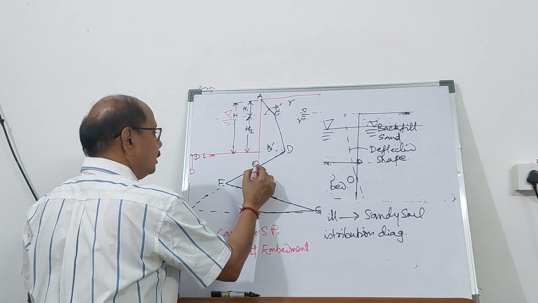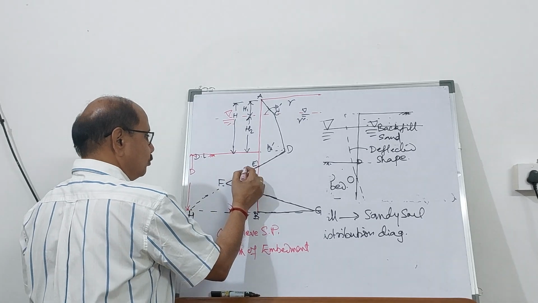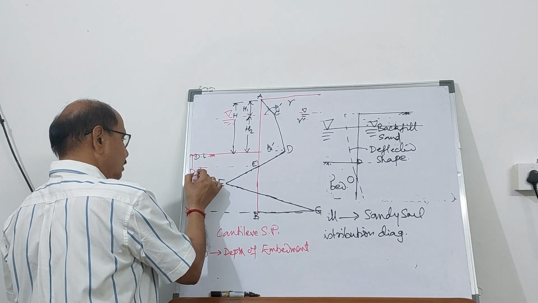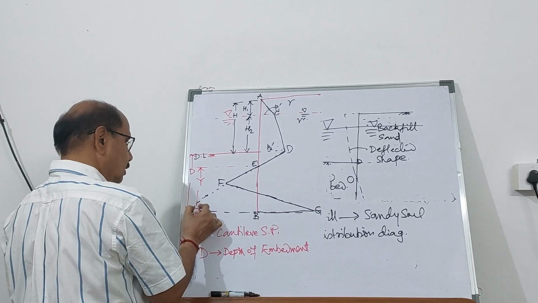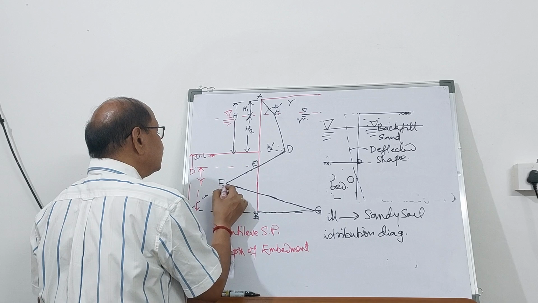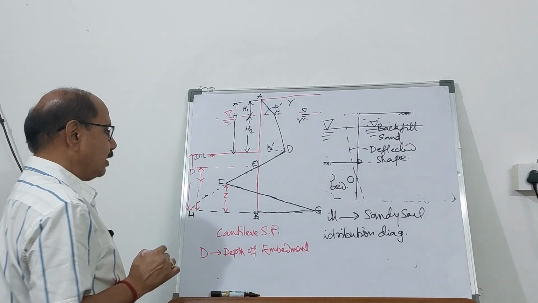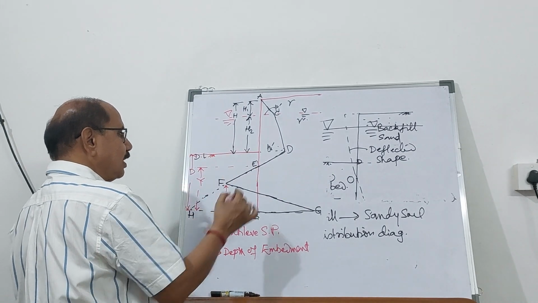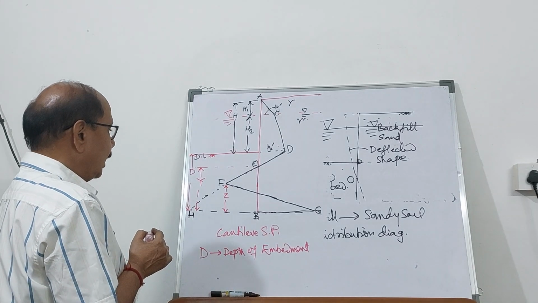And from the bottommost point up to E, this distance is capital Y. And up to F, I may call it Z. So the pressure distribution diagram has been well explained to you.